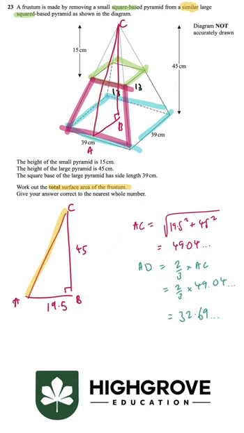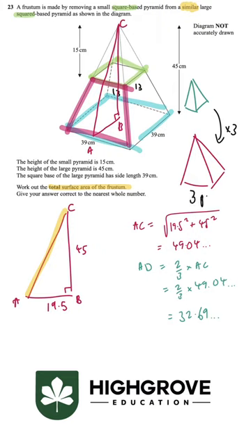Well, this comes back to our discussion about those scale factors earlier. So we've got the small pyramid at the top, and then we've got the larger pyramid at the bottom. Do you remember that we said to go from the small pyramid to the large pyramid, we have to multiply by 3. So if you think about it, this has 3 parts, this has 1 part here.